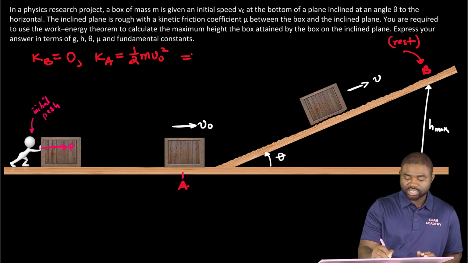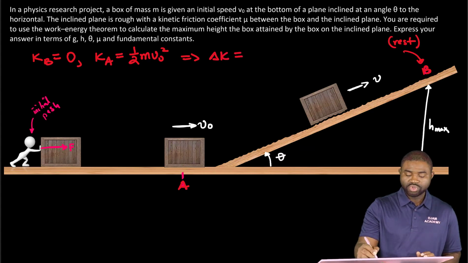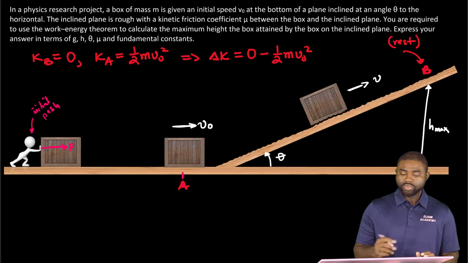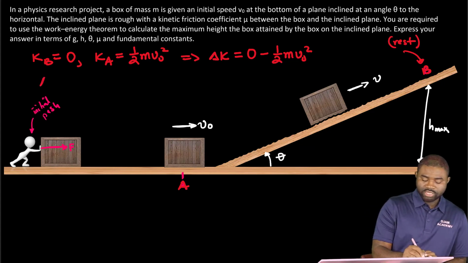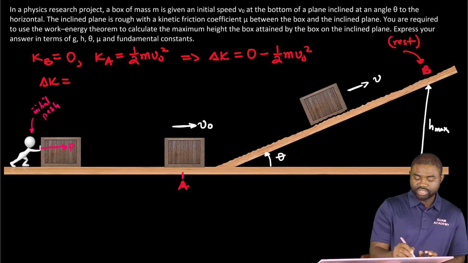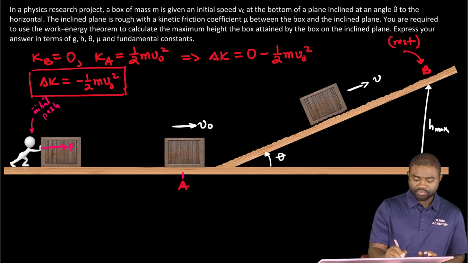This essentially implies that the change in kinetic energy will be equal to 0 minus 1/2 mv0 squared. Hence, we can say that the change in the kinetic energy is just negative 1/2 mv0 squared. Let us put this in a bracket.